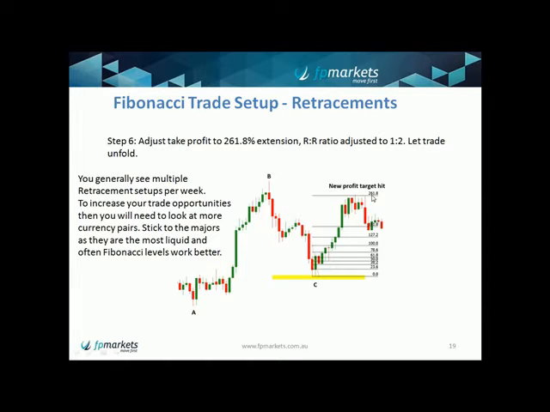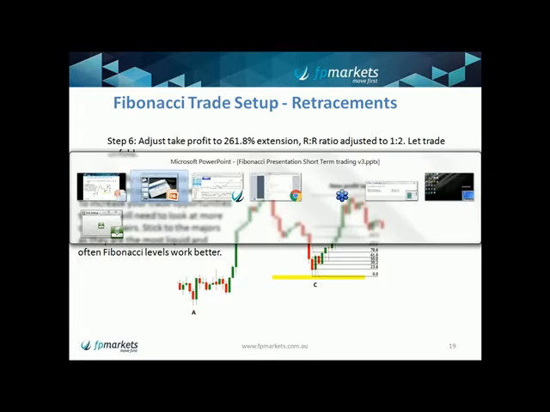When you work out your P&L at the end of the week, even though it wasn't a 100% win-loss ratio, you're looking at your equity curve and your balance: you had a small drawdown and a nice bump up in your equity curve, and that's what we're looking for. It's all about managing the risk, seeing nice steady growth in that equity curve, and compounding that as you hit new milestones on your equity. So that's a typical retracement setup.